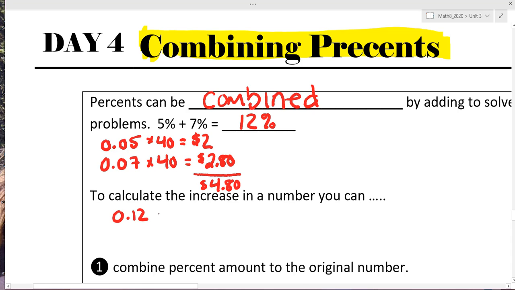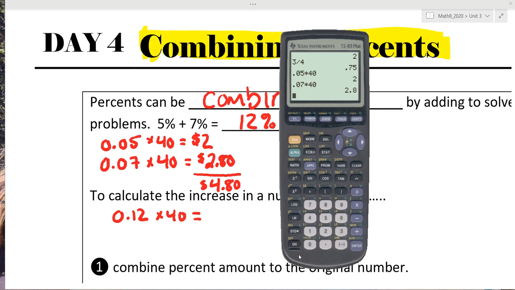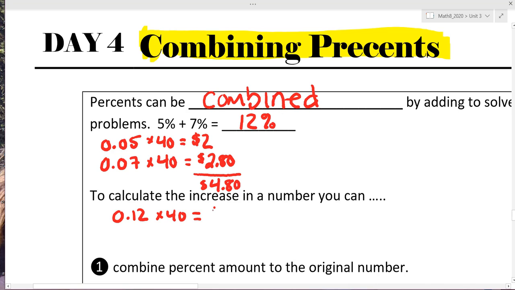So 0.12 times 40, and we should get the same answer. 0.12 times 40, and we get $4.80 in tax. Okay? So this is just a shortcut way of doing some of the math. Instead of doing it in 2 steps, you can do it in 1 step.